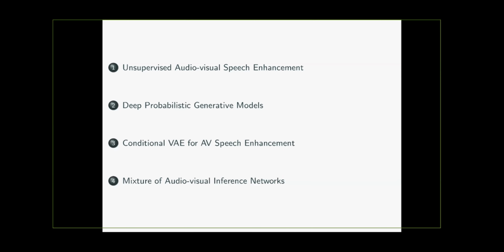We are going to discuss a little bit about what we call unsupervised audiovisual speech enhancement. Then I will present the main tools that we use for doing that, which are deep probabilistic generative models. And then I will present two instances of VAE-based methods for audiovisual speech enhancement.